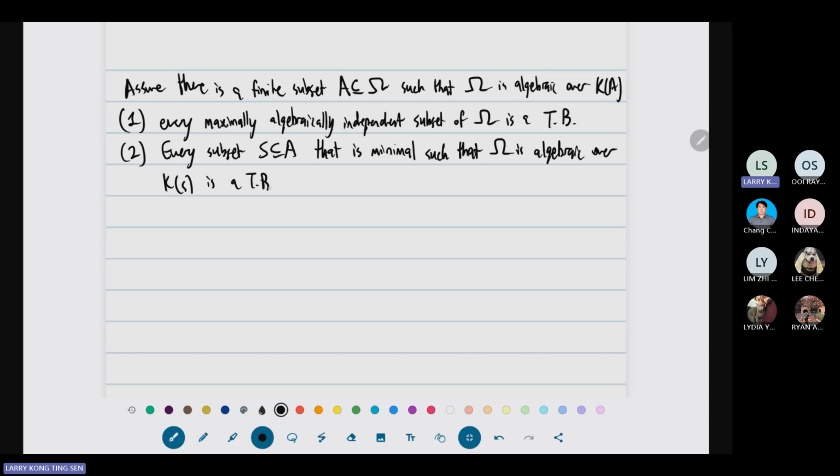If we translate to linear algebra speak again, the smallest spanning set for a vector space is a basis for the vector space as well. So similarly, every subset S of A such that omega is algebraic over K(S), and this S is as small as possible, also becomes a transcendence basis for omega.